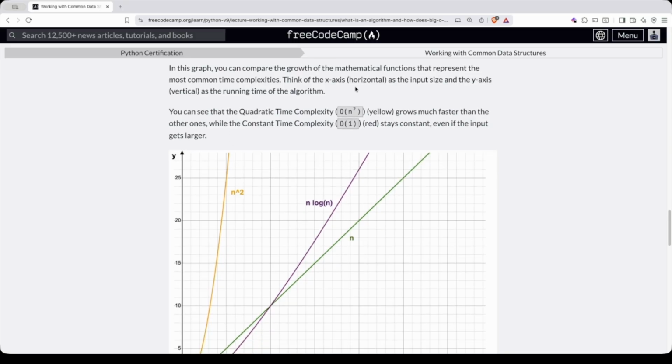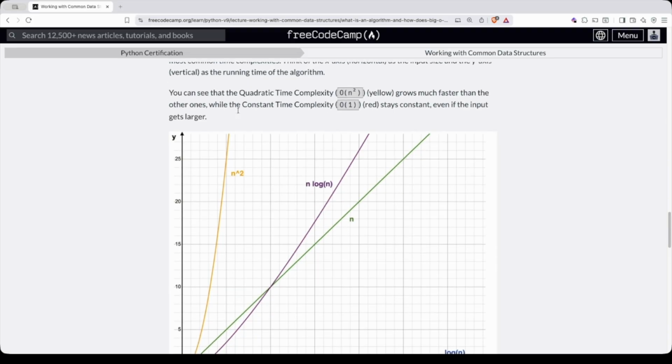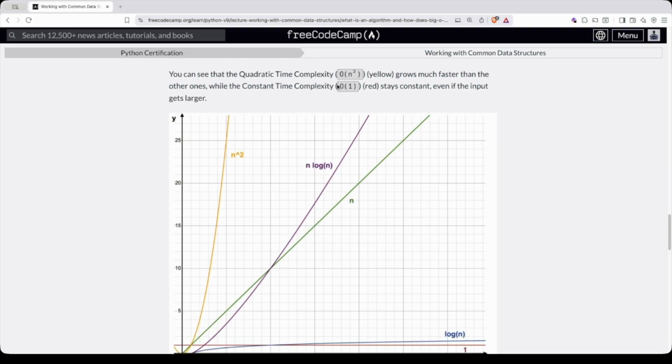Think of the x-axis, the horizontal axis, as the input size and the y-axis as the running time of the algorithm. You can see the quadratic time complexity, O(n squared), yellow, grows much faster than the other ones, while constant time complexity, red, stays constant even if the input gets larger.